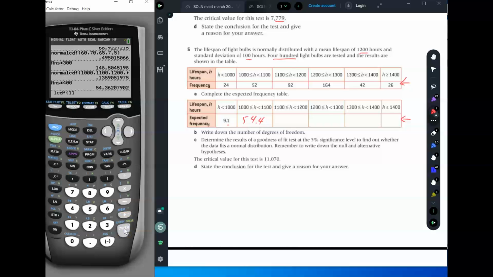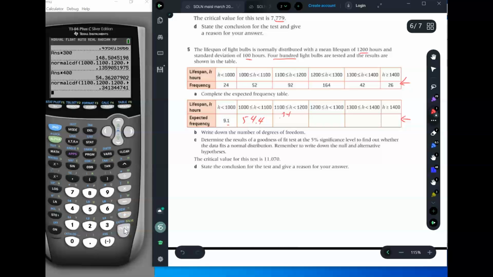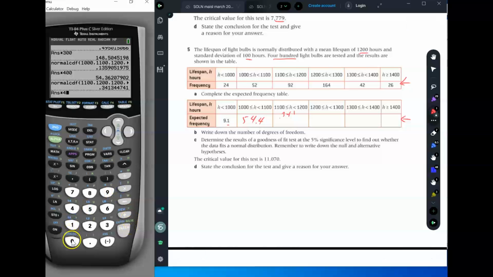And then we hit enter, and the answer is 0.341. And then I'm going to multiply that times 400 light bulbs, and I'll get 136.5.